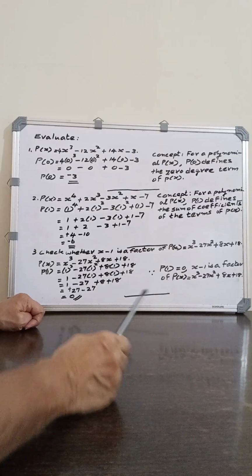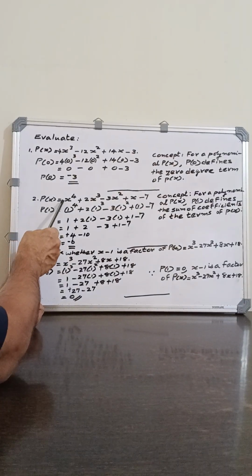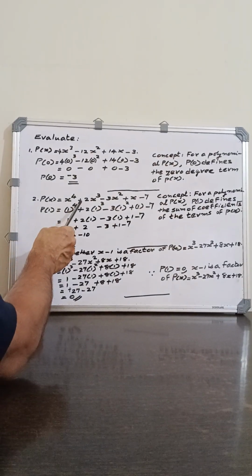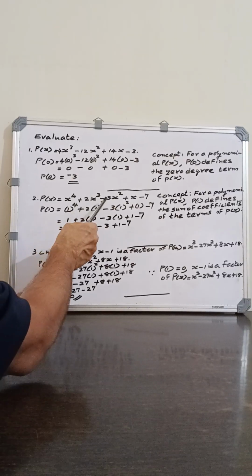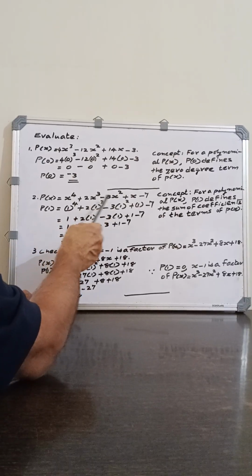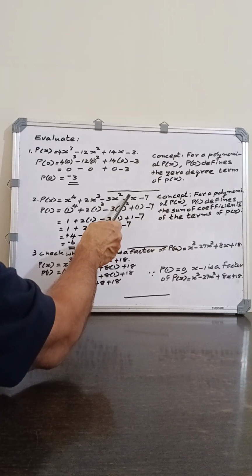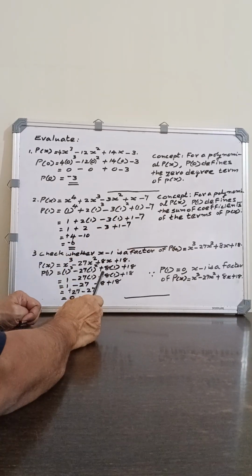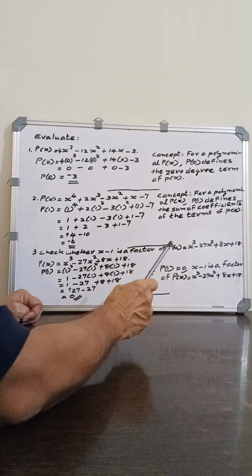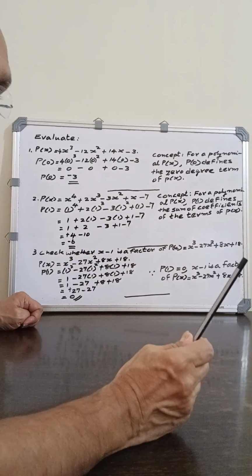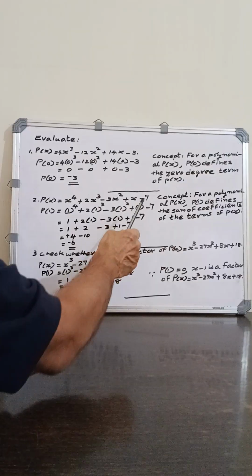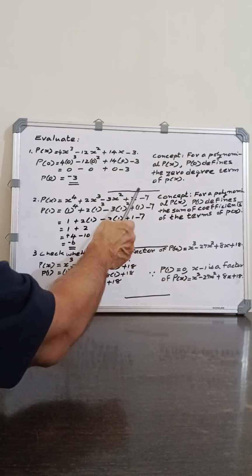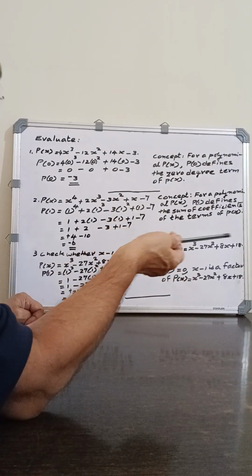The coefficient of the first term is 1. The second term is plus 2. The third term is minus 3. The fourth term is plus 1. And the last term is minus 7 x raised to 0, where x raised to 0 means 1. Minus 7 only, with x raised to 0 understood.